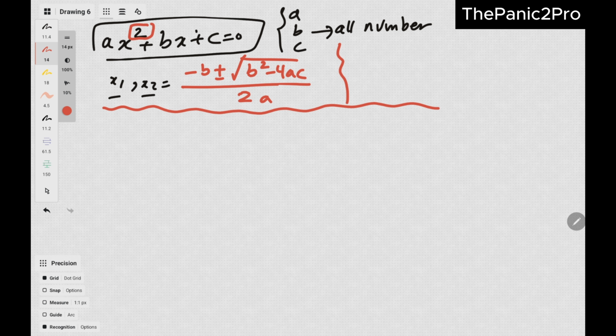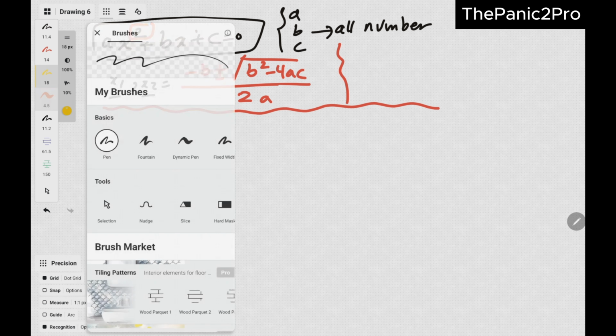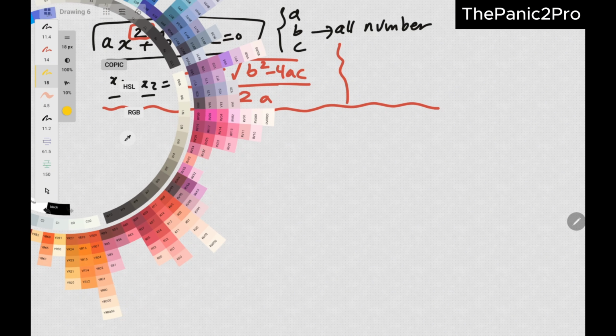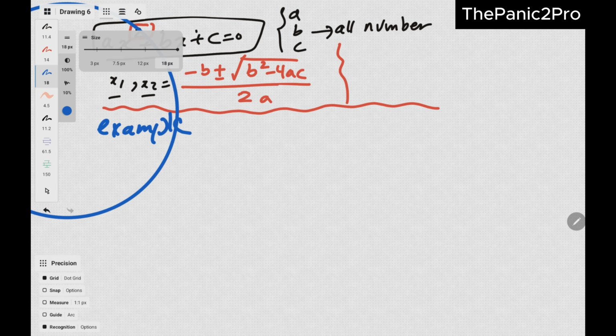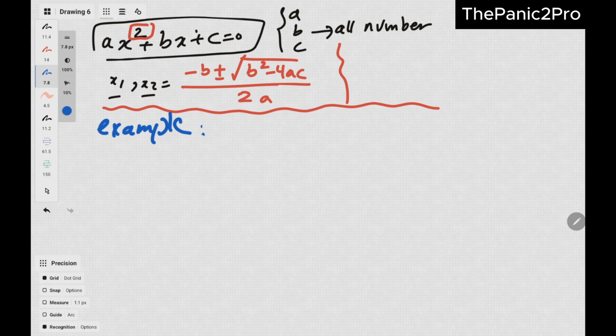I'm going to show you in an example. Let me put it in blue. So this is my example. Let's say my example is 3x2 minus 5x plus 2 is 0.